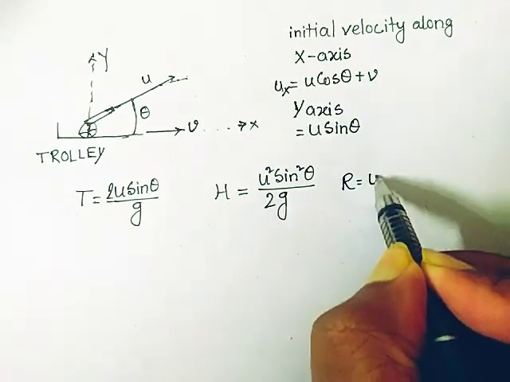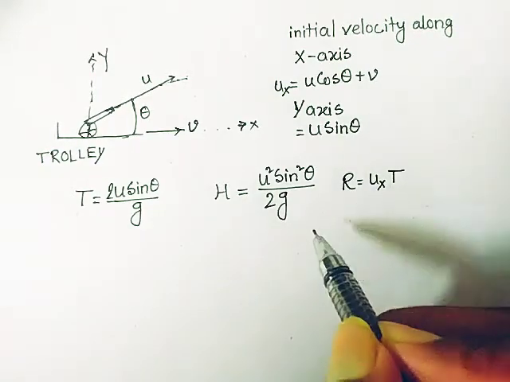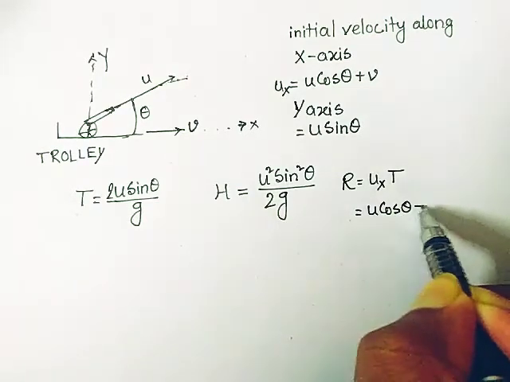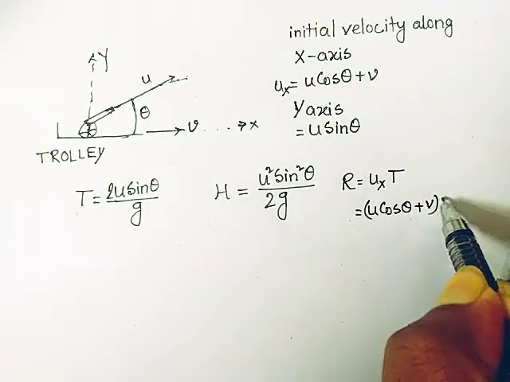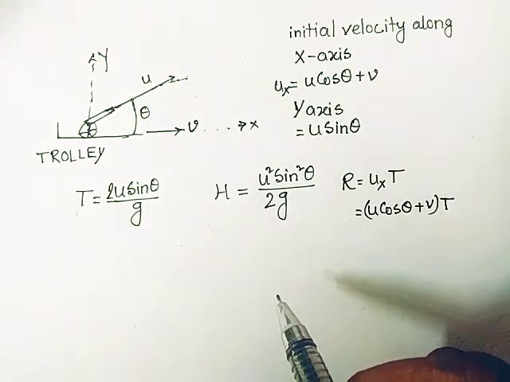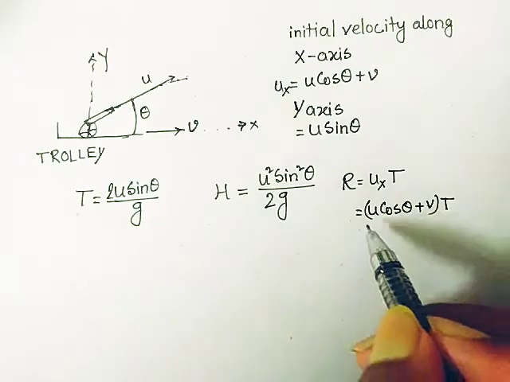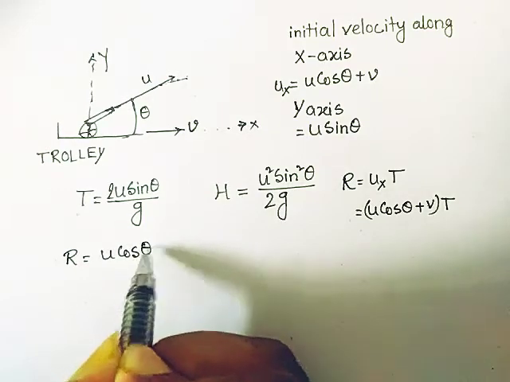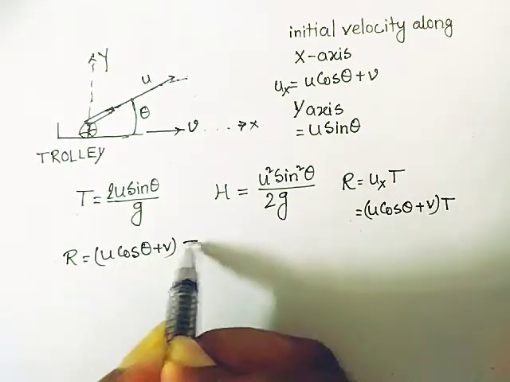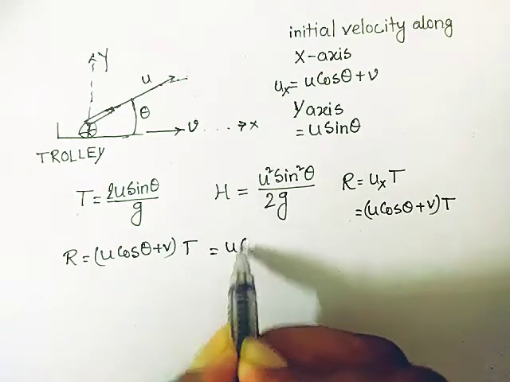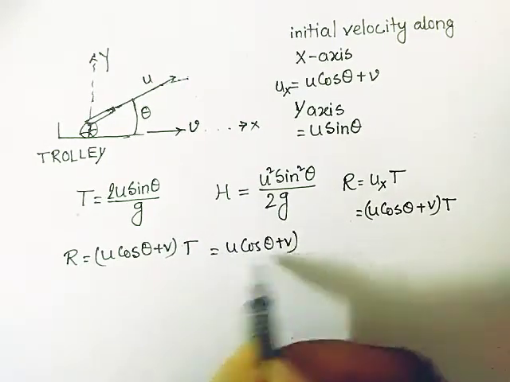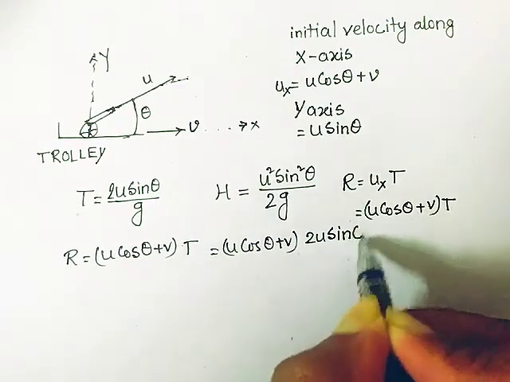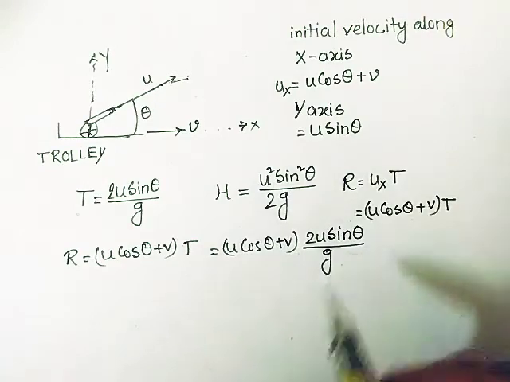So we can say it is ux into capital T, where ux equals u cos theta plus v. So the range R equals u cos theta plus v into T. The value of T is 2u sin theta divided by g.